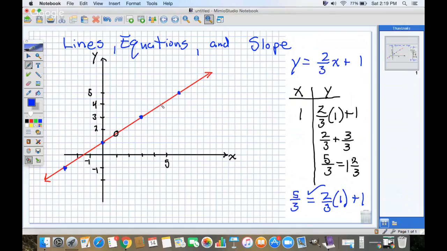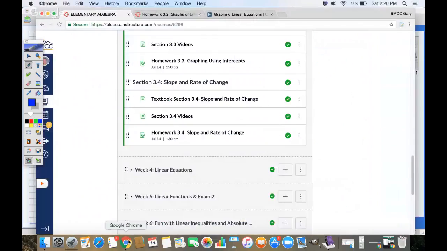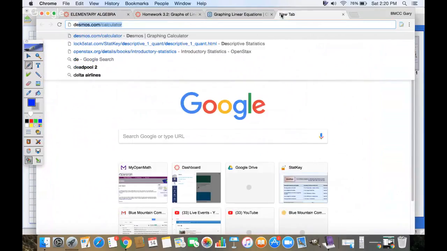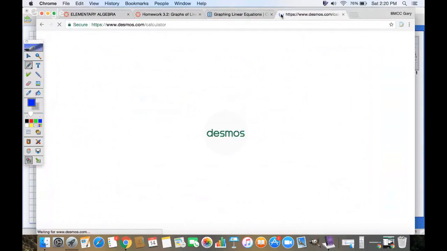So for example, if I zoom in right there, that looks like the point 4.5, comma 4. So I believe this point is on the line, which means it should make that equation true. Now, I'm not going to do all the arithmetic for that. I'm just going to plug it into a calculator. My favorite graphing calculator is something called Desmos, which I mentioned in the beginning of the course.